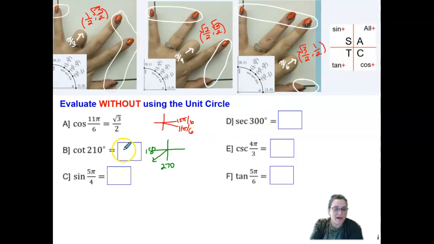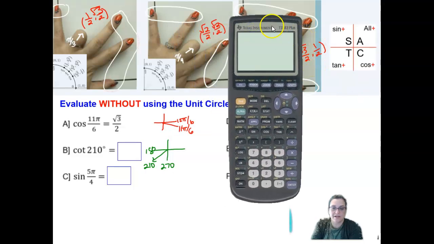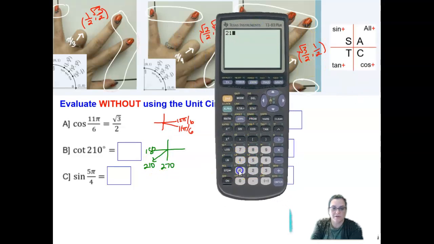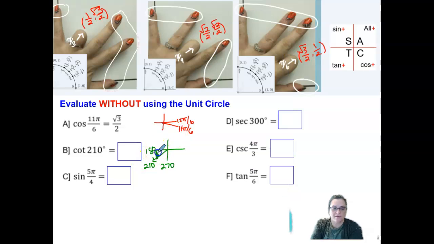So I know I'm going to have a positive answer. 210 degrees is here in quadrant 3, and I need to know what to use for my reference angle to find the cotangent. So if I take my 210 degrees and see how far that is from the x-axis, that's 30 degrees. So that makes my reference angle, remember reference angles are always in the first quadrant, that makes this a 30-degree reference. And 30 degrees is my pi over 6 angle.